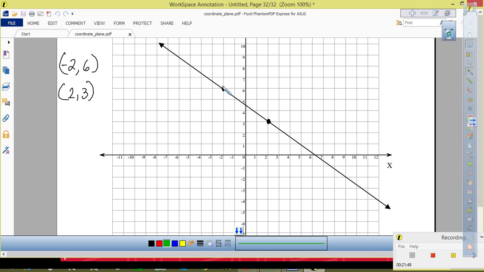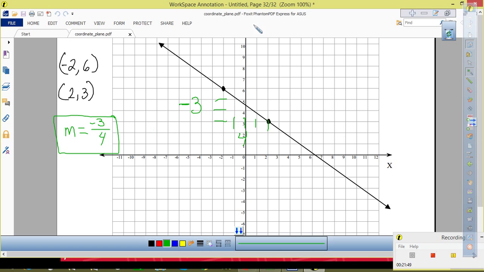None. We have to go down. 1, 2, 3. If I went down, therefore it's -3. Then I go to the right. 1, 2, 3, 4. Therefore, my rise was -3. My run is 4. Hands if you got that.